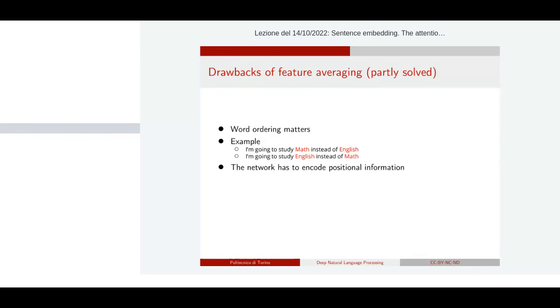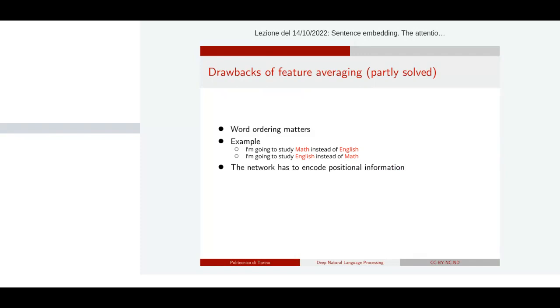Then there is another issue, which is only partly solved by sentence embeddings, and is one of the key elements for the introduction of contextualized embeddings, which will be addressed later on: the word ordering, the position. The position of the words matters, because if I just change the relative position of the words within the same sentence, the meaning can radically change.